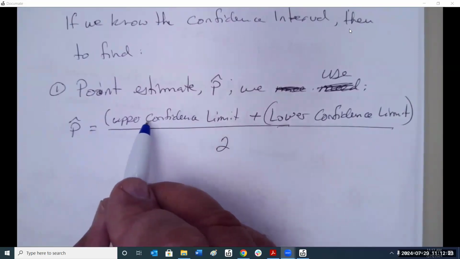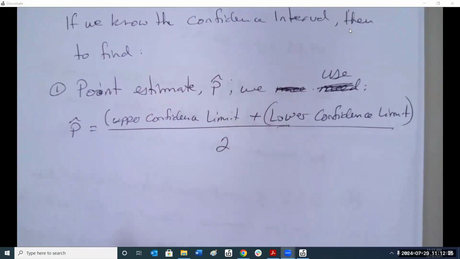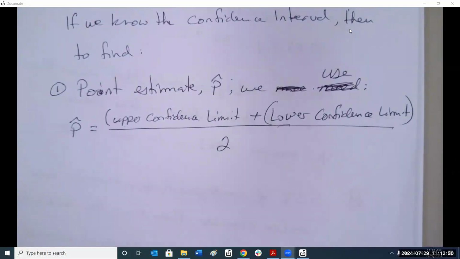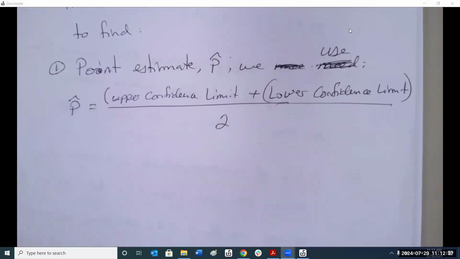Well, this is the upper of the confidence interval. So we have our plus or minus E. That's what that gives us. So we add them together and divide by 2. That finds us our population mean or our population proportion.